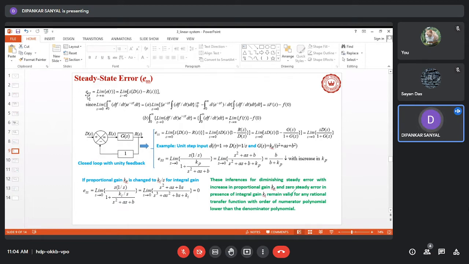So that steady solution is basically the error dynamics in the limit of t acquiring a large value. And the good part of the Laplace transformation is that we can infer the steady state error by this equation. How do we obtain this equation? We have shown it in two lines next.